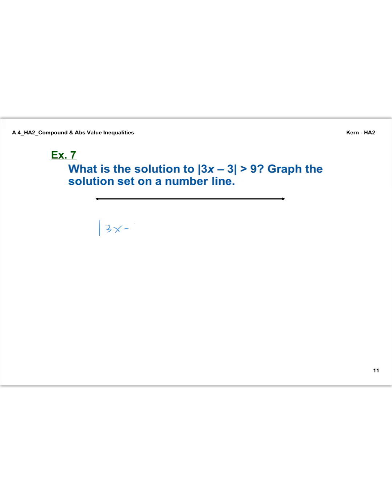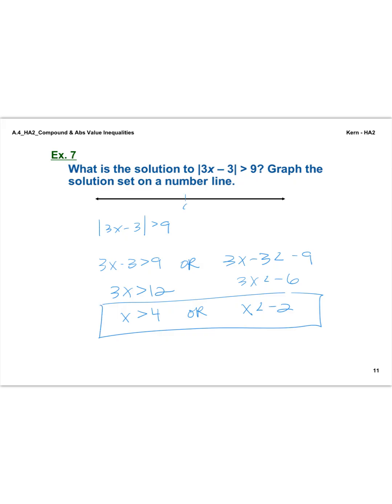Absolute value of 3x minus 3, greater than 9. It's isolated, greater. So we go OR, drop the bars, drop again, switch the sign, make negative. Okay, add 3, divide by 3, bring the word down, add 3, divide by 3, answer.